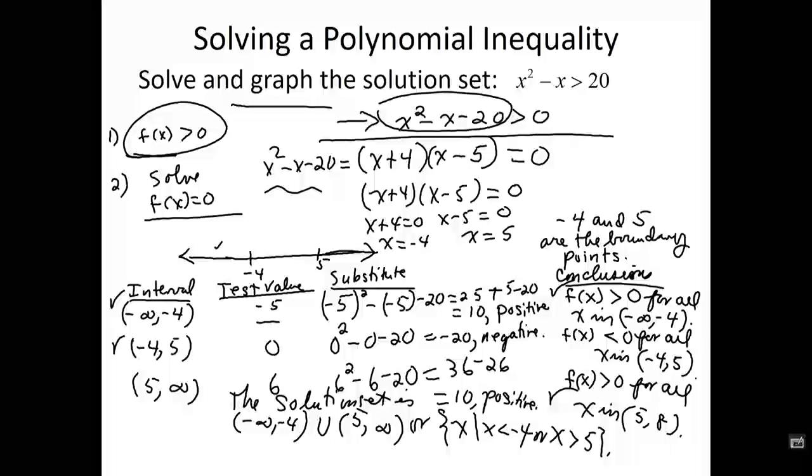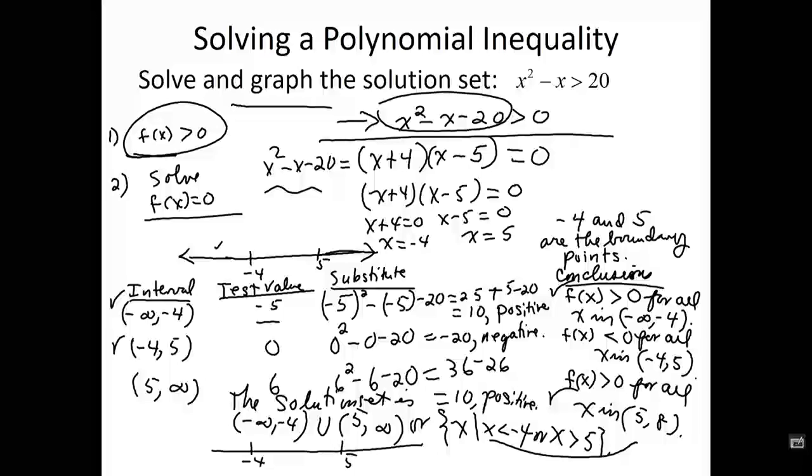We want to graph the solution set. So we're going to graph the solution set on the real number line. So if we graph this solution set, I'll put the graph here. We have negative 4 and 5.